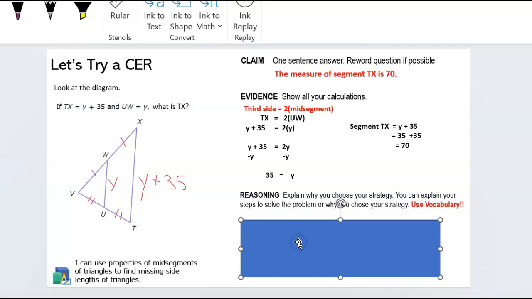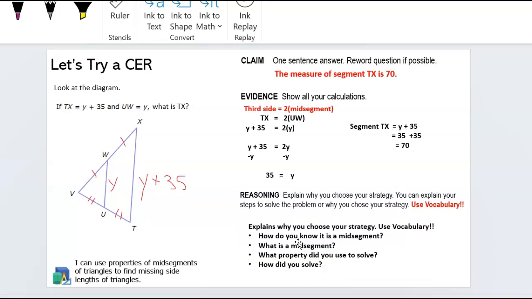And so here is the list that I had shared in class that we talked about, the things that should appear in your reasoning. If you go back over to the problem itself, it doesn't say anywhere in the problem that you are looking at a midsegment. So how do we know that we have a midsegment? The best thing to do is to describe that in your reasoning.